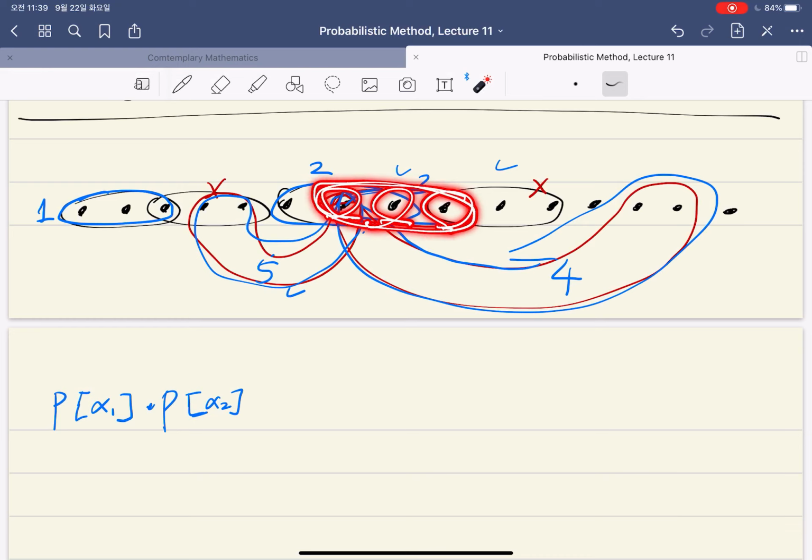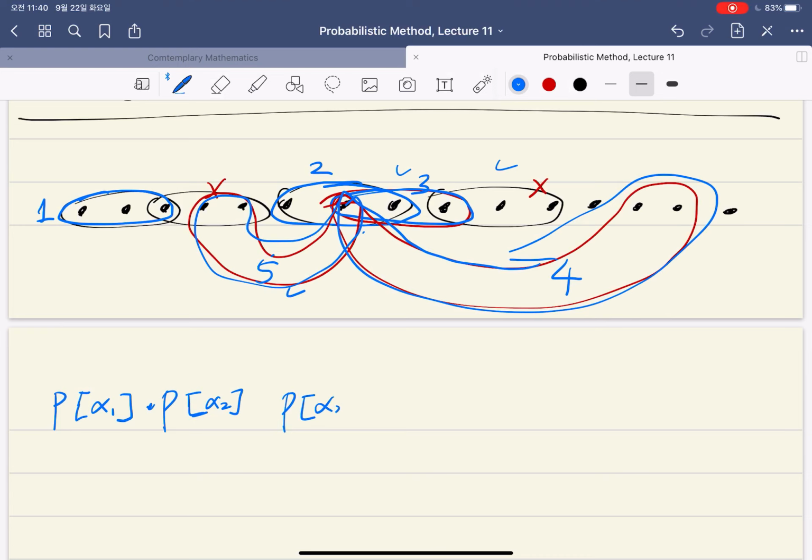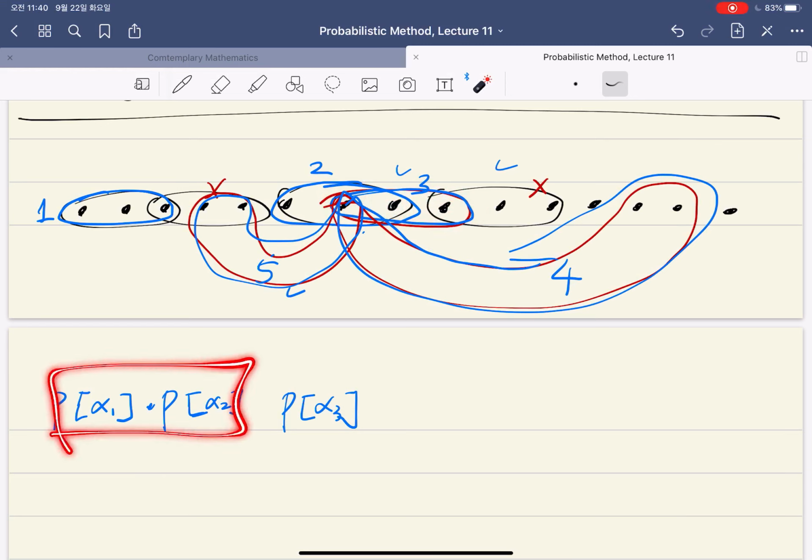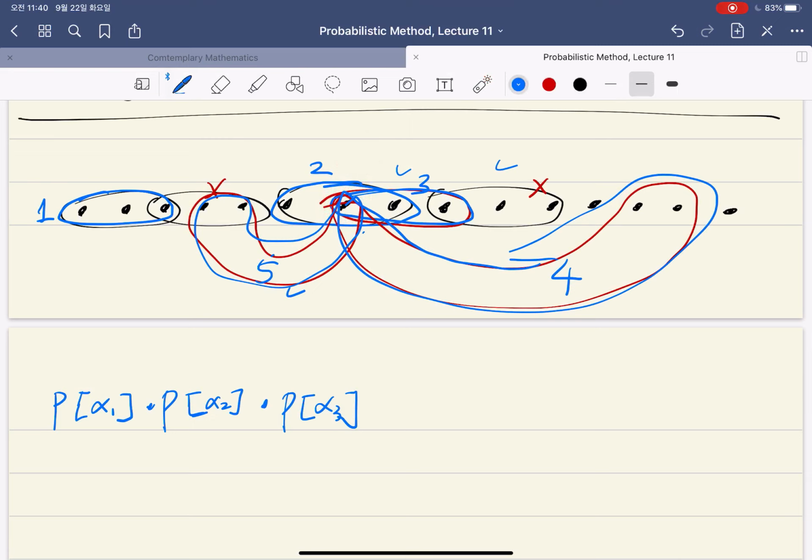So with this combination, this bad event has to happen. Such an event happens with probability p of alpha 3, but this depends on second round sampling and first round sampling, and these depend on first round sampling and first round sampling. So first round sampling of this and second round sampling of this are actually independent. It's like a fair coin. If you flip the first time and flip the second time, they are independent events. So we can consider that's also independent.